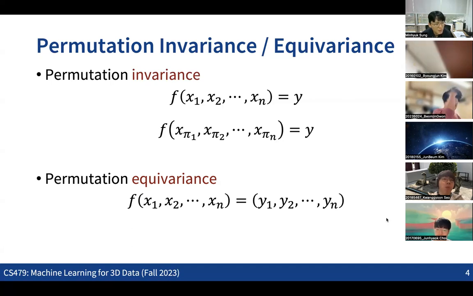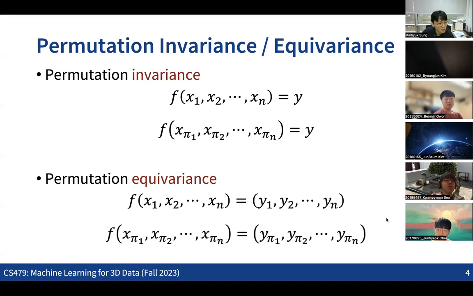When you classify the input points, regardless of the order of the points, we want to get the same scores for each of the class labels. And permutation equivariance is important for segmentation. If we change the order of the points, the order of all the labels should also be preserved depending on the order of the points.